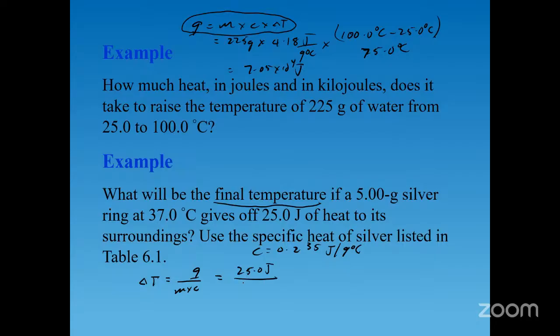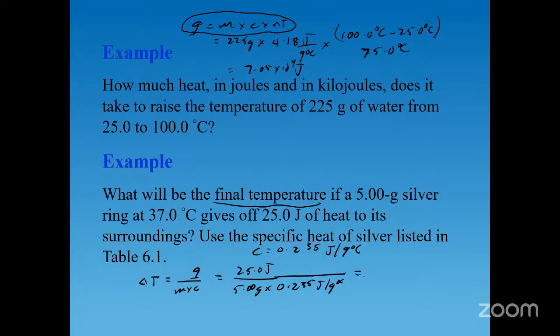M is 5.00 grams times C, which is 0.235 joules per gram degree Celsius, right? So that's delta T. So let's see what delta T is equal to.